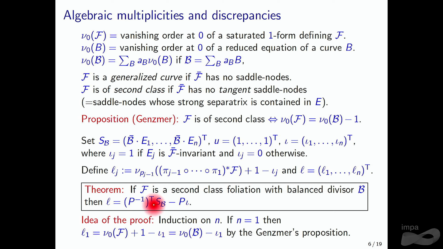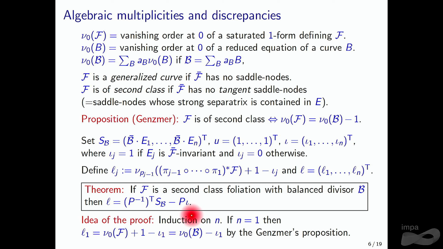In this case it follows by Gensmer's proposition, because L1, by definition, is the algebraic multiplicity of f plus 1, which equals the algebraic multiplicity of the balanced divisor, minus E1.